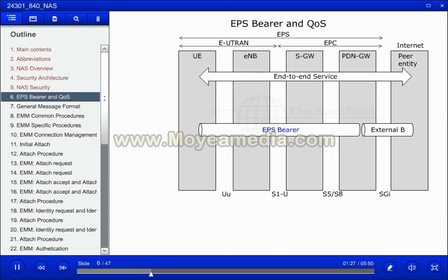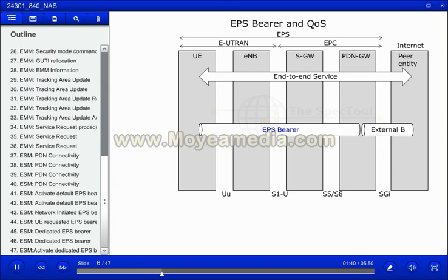An EPS bearer is established when the UE connects to a PDN gateway and remains established throughout the lifetime of the PDN connection to provide the UE with always-on IP connectivity to that PDN gateway. That bearer is referred to as the default bearer.